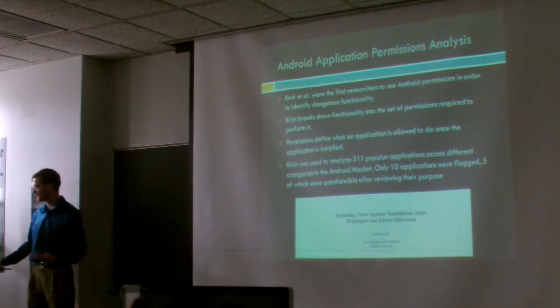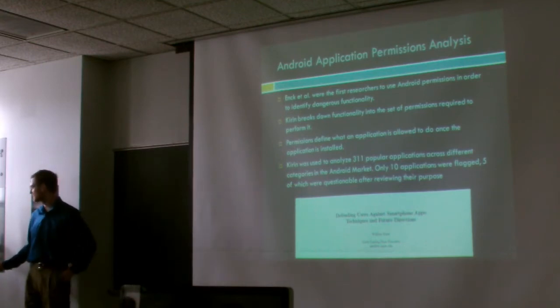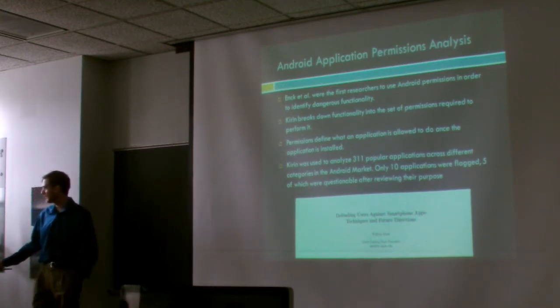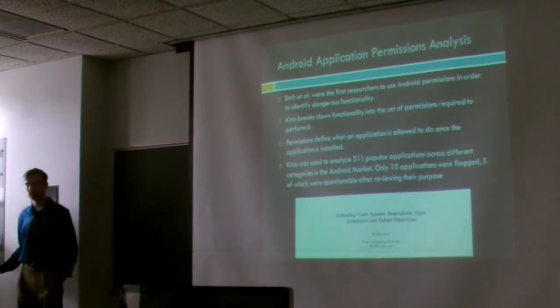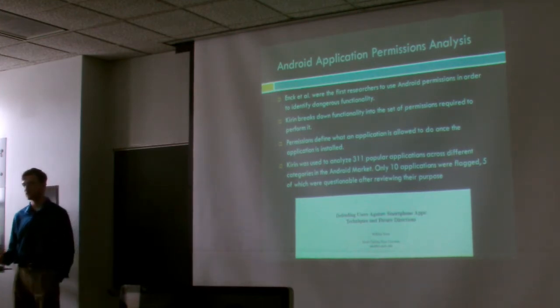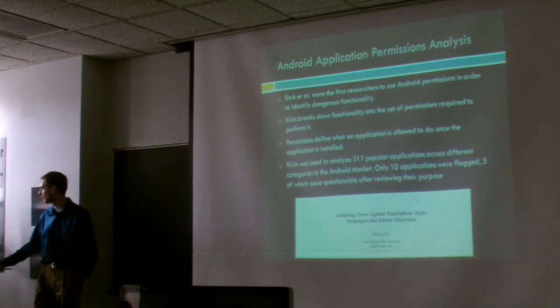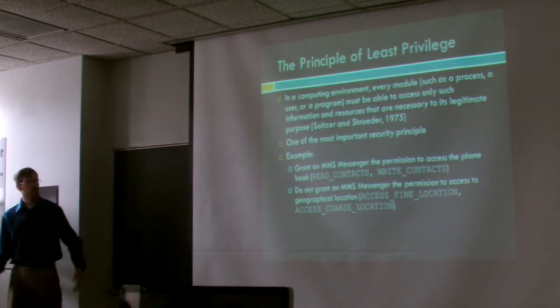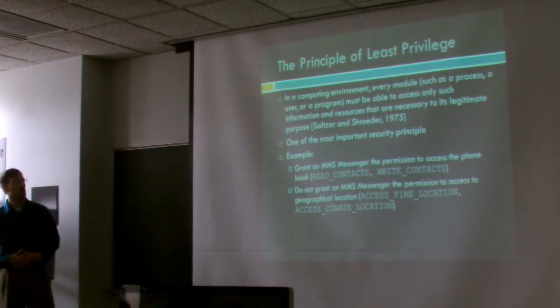They found this to be a very important way of identifying malicious applications. They used this to analyze 311 popular applications on the market across different categories, and only 10 applications were flagged as possibly dangerous, and only 5 after reviewing their purpose.